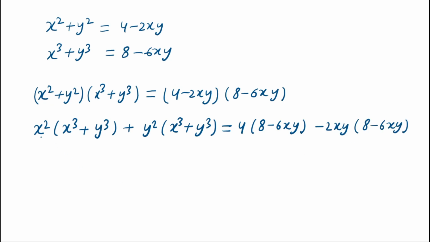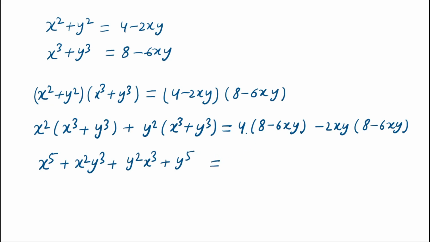Here x square multiplied by x cube gives x power 5, plus x square multiplied by y cube gives x square y cube, plus y square multiplied by x cube gives y square x cube, plus y square multiplied by y cube gives y power 5.